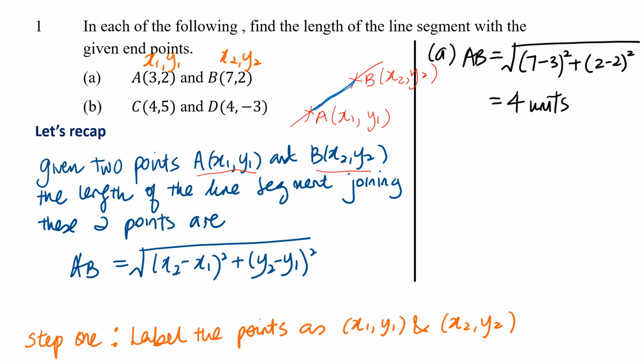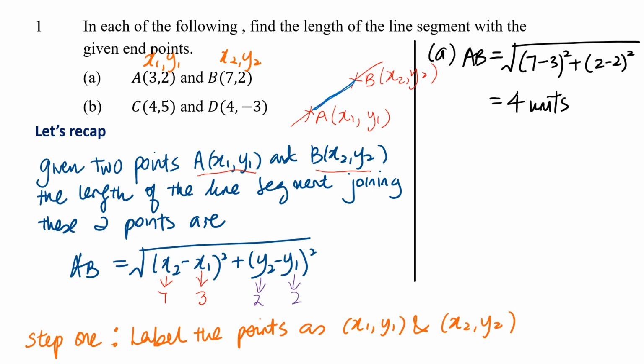All right, so we can just substitute in. How do you substitute in? You refer to your labeling again. Your x2 will be the value 7, and your x1 will be the value 3. For your y coordinates, your y2 will be the number 2, and your y1 will also be the number 2.